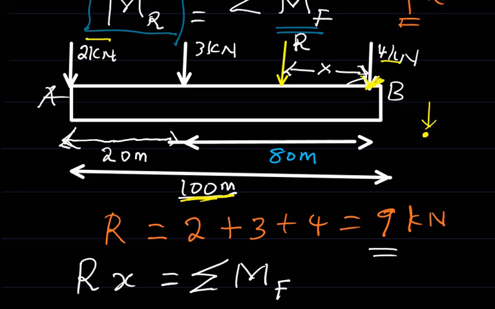The 4 kilonewton is acting at point B, so its moment is 0. The moment of a force whose line of action passes through the turning point is always 0. Please take note of that.